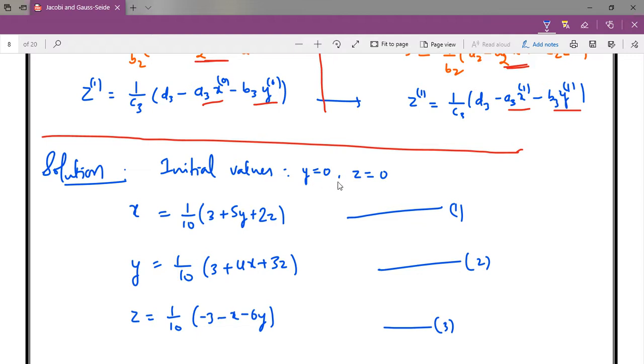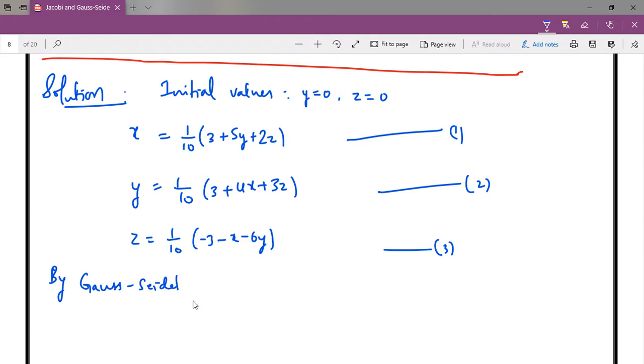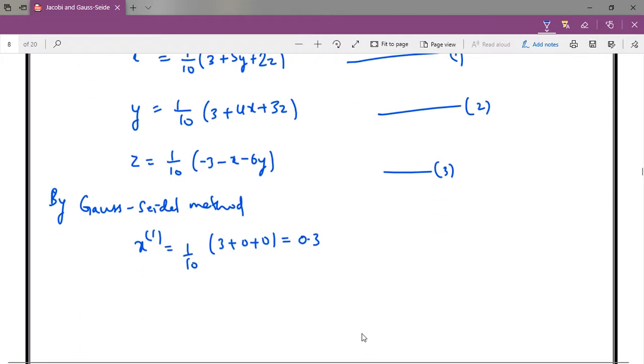Now we have initial values y0 and z0. Using the Gauss-Seidel method, to calculate x1 we use y0 and z0. So 1 by 10 into 3 plus 0 plus 0, because y is 0 and z is 0, therefore this is 0.3.